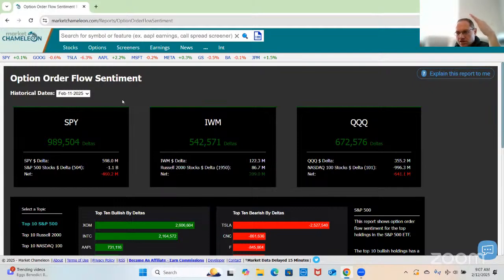Think of it as customers and dealers. There are people who provide liquidity, and people who take liquidity because they're conveying that this option is a buy for them. So we're trying to ascertain how the end users are coming into the market, taking liquidity. Are they more bullish, buying deltas, or bearish, selling deltas?